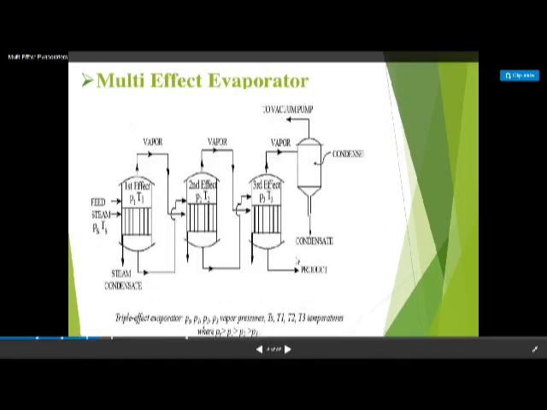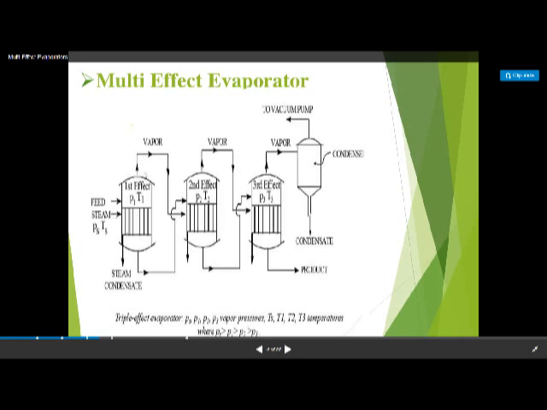Now see, this is the diagram of the multiple effect evaporator. This is the first effect, second effect, and the third effect. All three are short tube evaporators. They are connected with each other. Now you can see here feed is introduced in the first one, steam is also introduced in the first one, right?